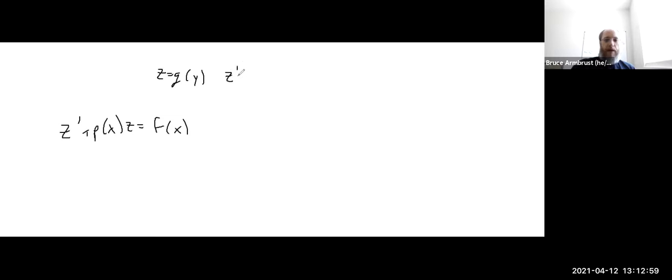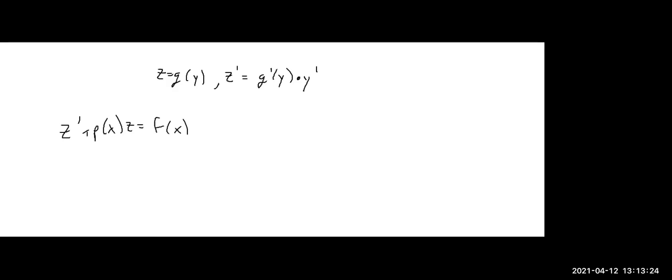So z prime is going to be g prime of y times y prime. Why is it g prime of y times y prime? Because g of y is a function of y, and so you've got to differentiate y still.